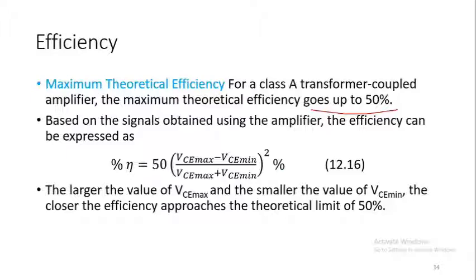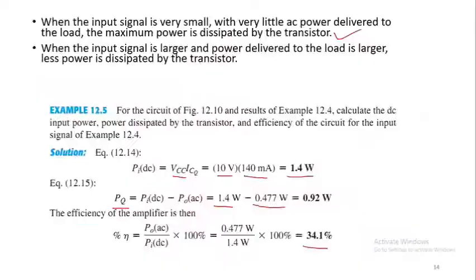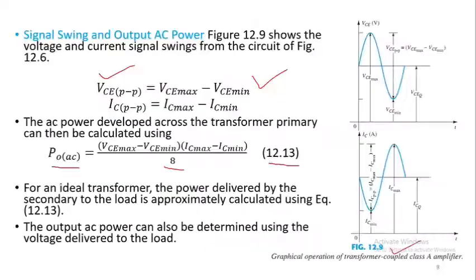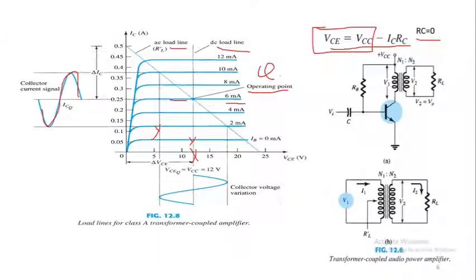So आप percentage efficiency इस relation से भी find कर सकते हैं. It means the larger the value of VCE max and the smaller the value of VCE min, the closer the efficiency approaches the theoretical limit of 50%. ये हमने यहाँ पे डिस्कस किया था कि आपके पास अगर ये सिग्नल मैक्सिमम है, मीन्स the larger the value of VCE max and the smaller the value of VCE min, the closer will be the efficiency to 50%.